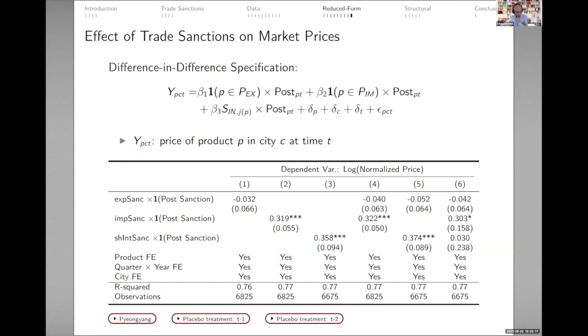Right. So after writing this, we collected more price data from this consulting company. So it covers more markets and more products. We're planning to do another project, probably not in the framework of trade sanctions, trying to use that market price data.